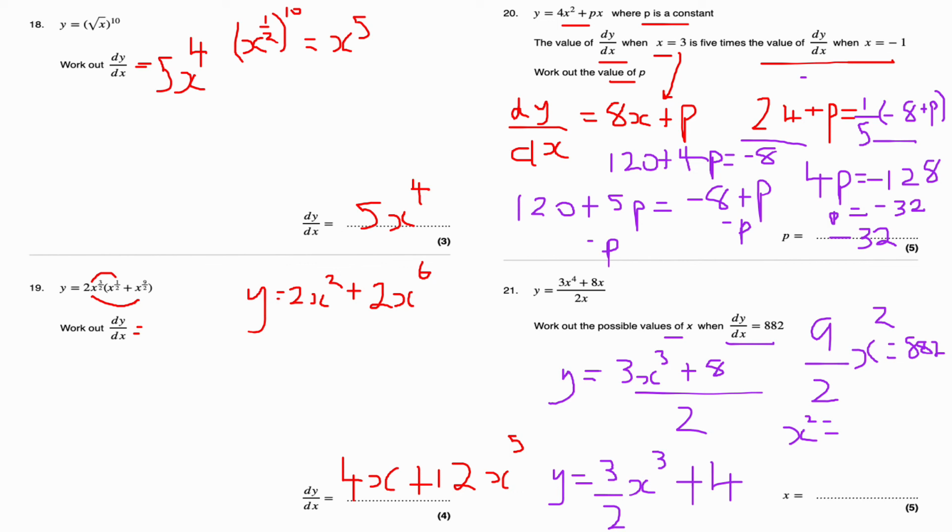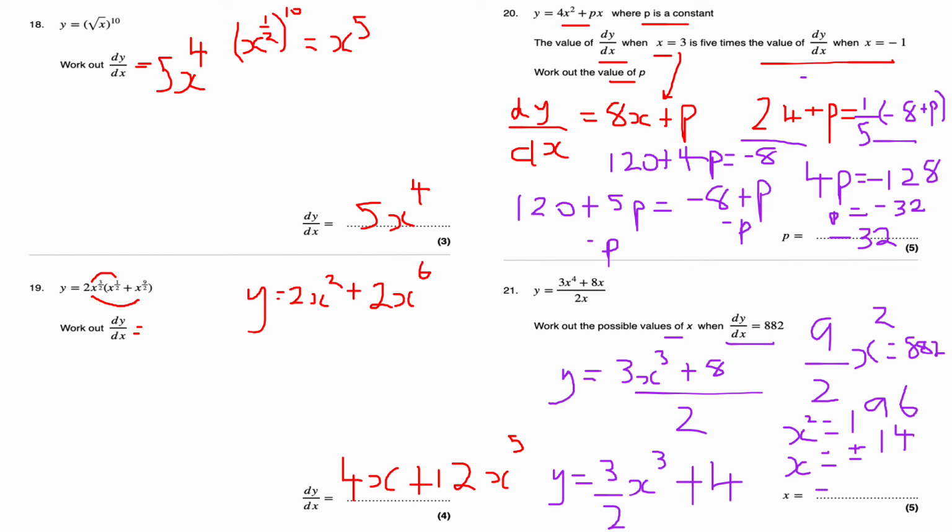Okay, I'm going to do this on my calculator. So 882 divided by 9 times by 2, so x squared equals 196. Okay, x is equal to plus or minus the square root of it, which is plus or minus 14. The opposite of squaring is square root.